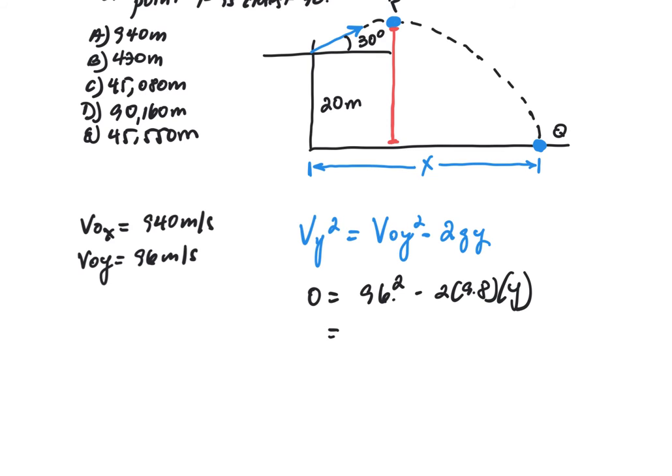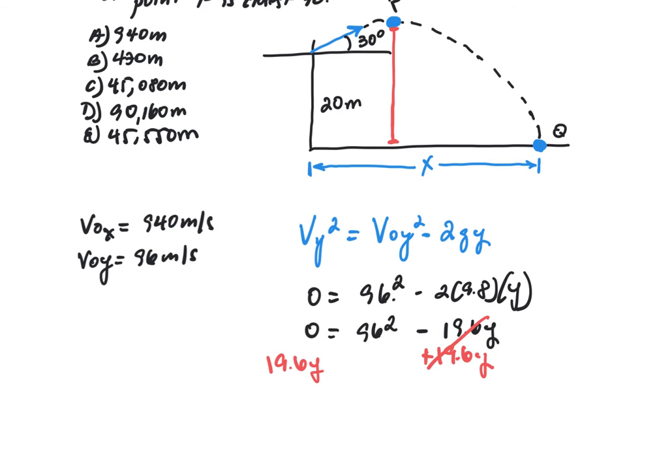So our 96 squared minus 9.8 times 2, 19.6 y equals 0. So let's isolate 19.6 y.